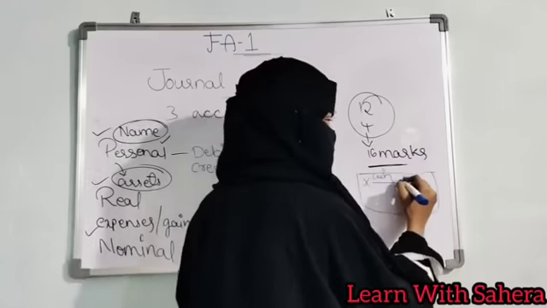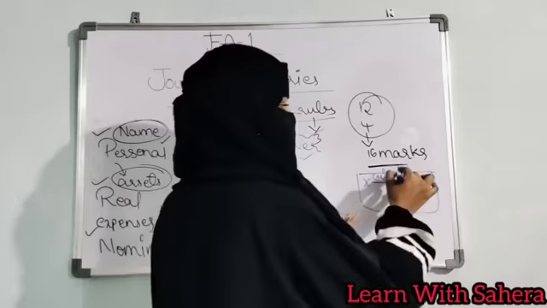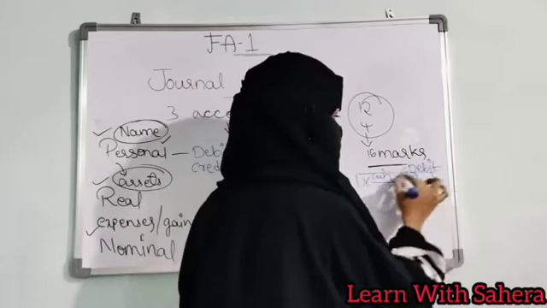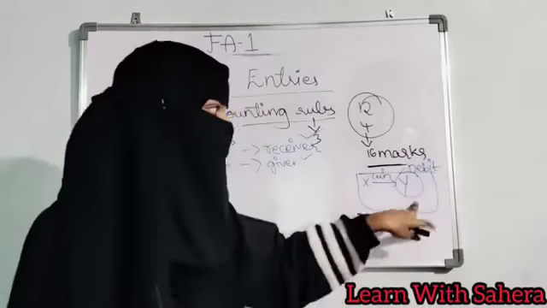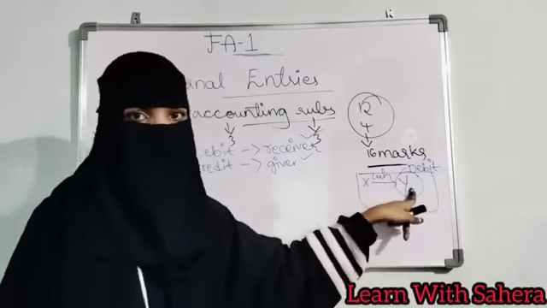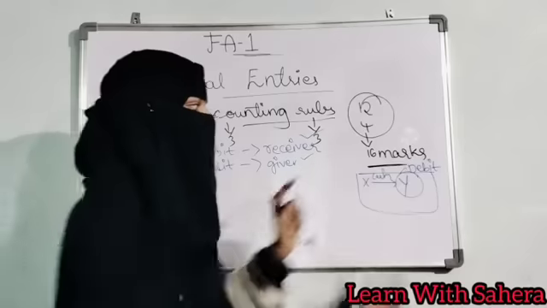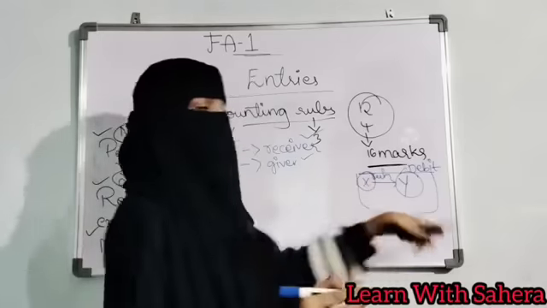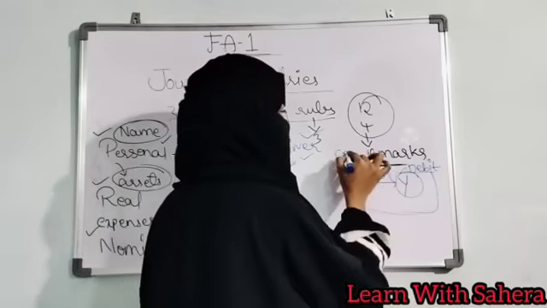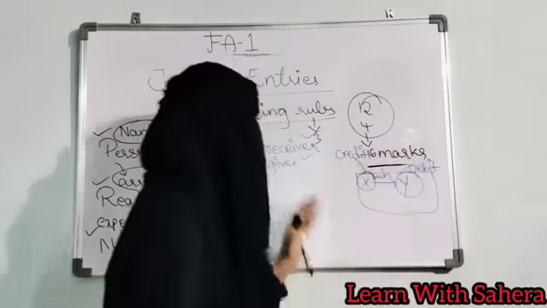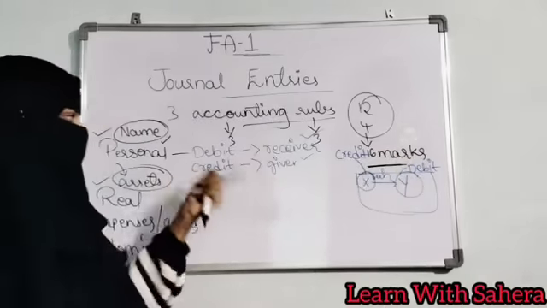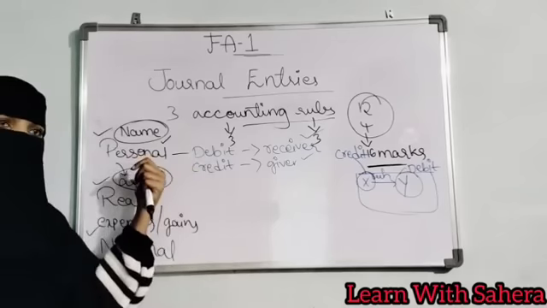If X is giving cash to Y, here Y will be the debit, because he is receiving the cash from X. He is the receiver. Here X is giving the cash, so he will become credit. So debit is the receiver, credit is the giver, is the accounting rule for personal account.